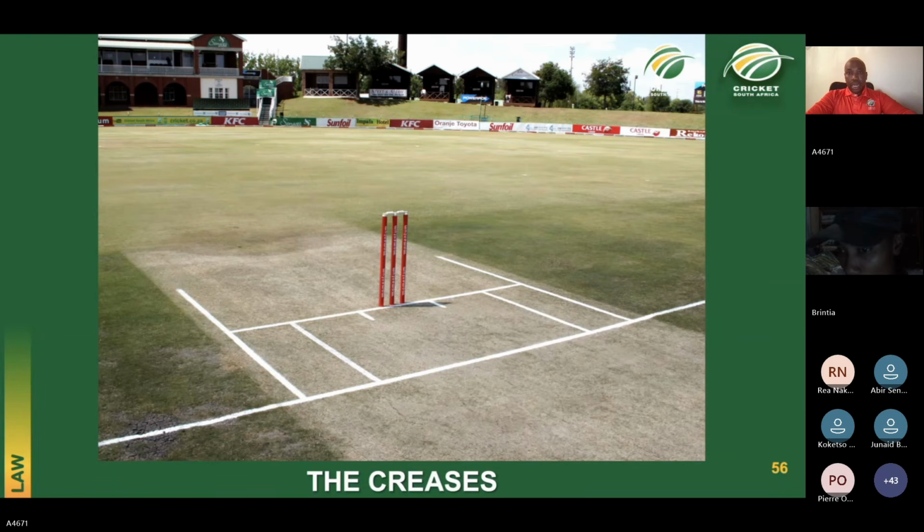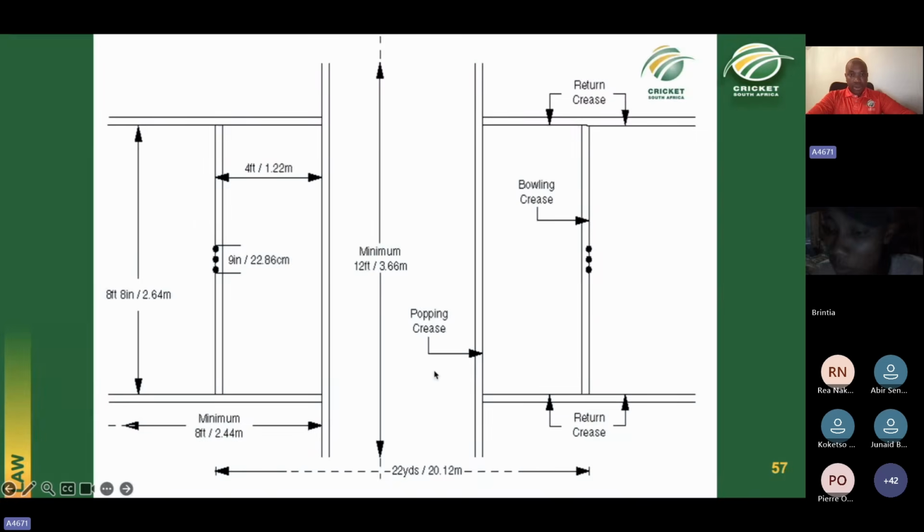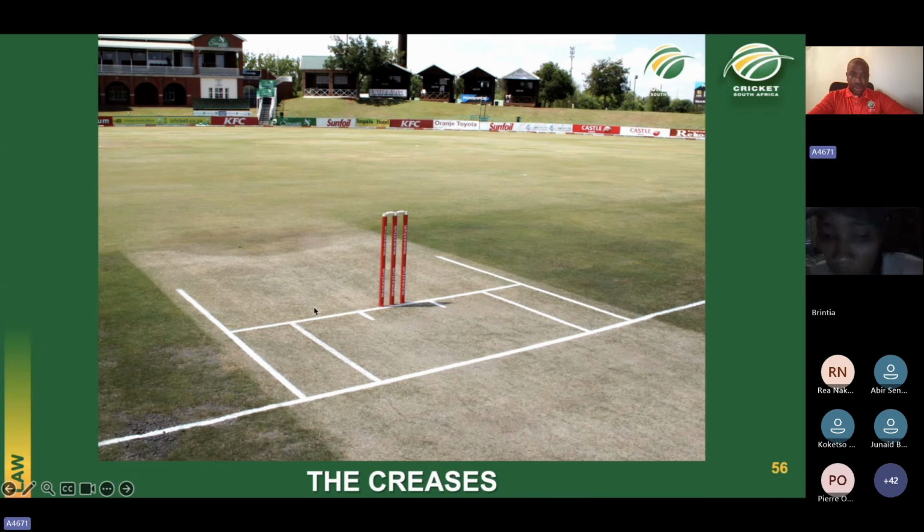The trial went on from, I think, September 2025 until the end of January 2026, where the protected area lines that you see here next to the stumps were lengthened to go from the popping crease to the bowling crease, or from the bowling crease to the popping crease. And that was a leg side wide guideline.